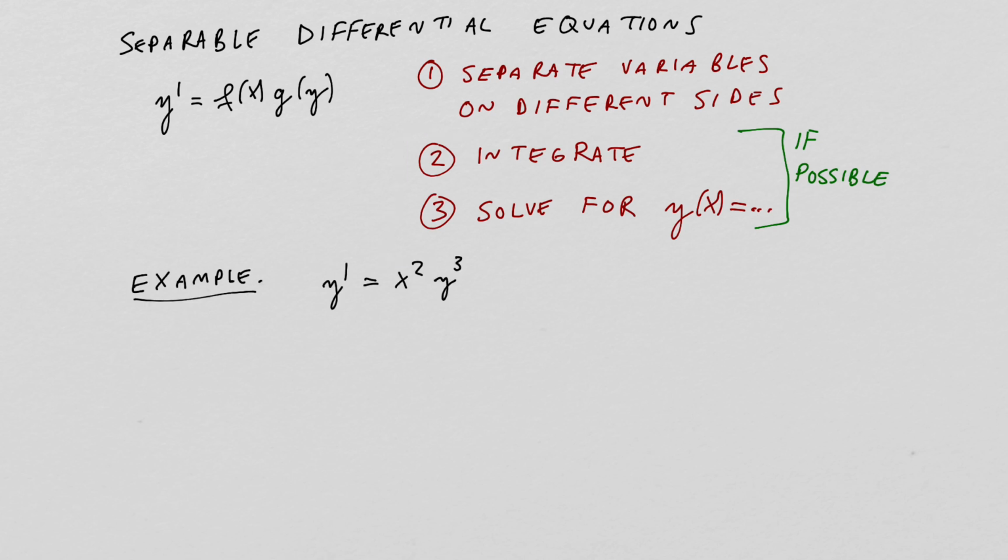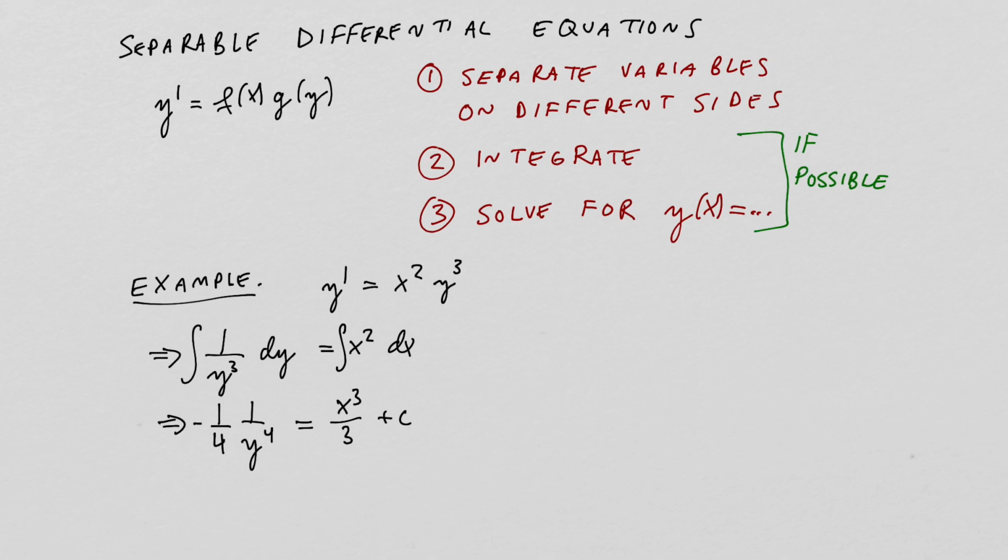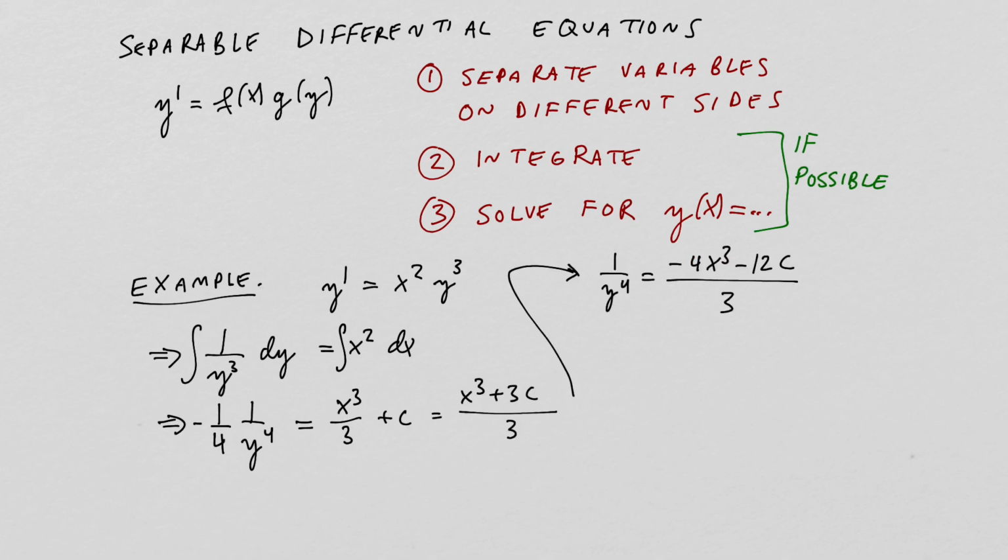Here we have some polynomials as functions. We have separated the variables and we are ready to integrate. Here we have done the integration. Here we have written the right hand side in a different way. And this integration constant is just some constant, we can denote it by some other constant.